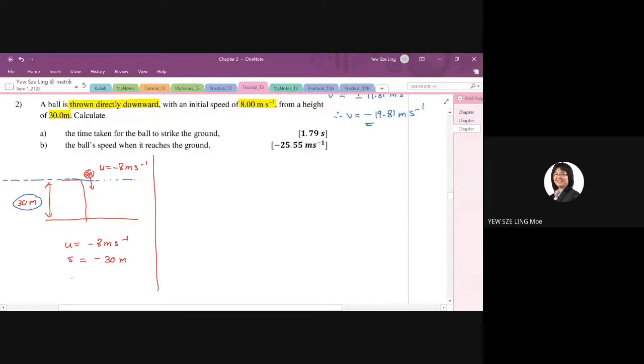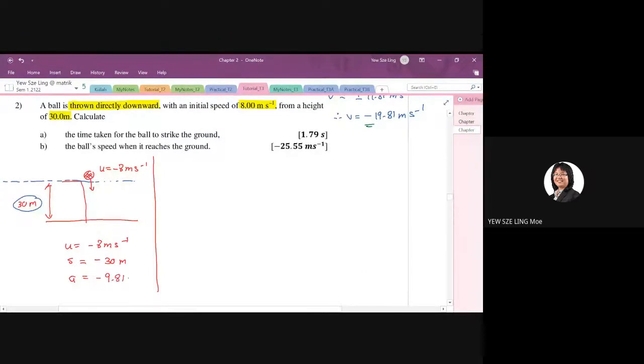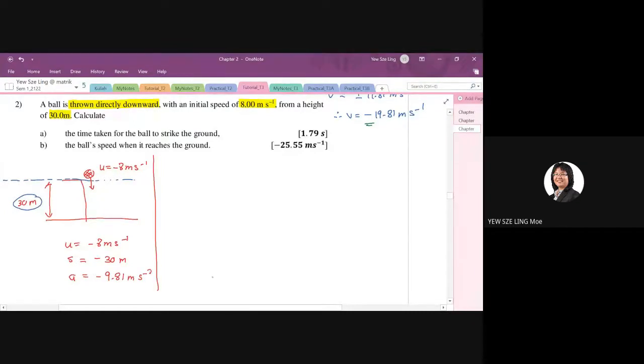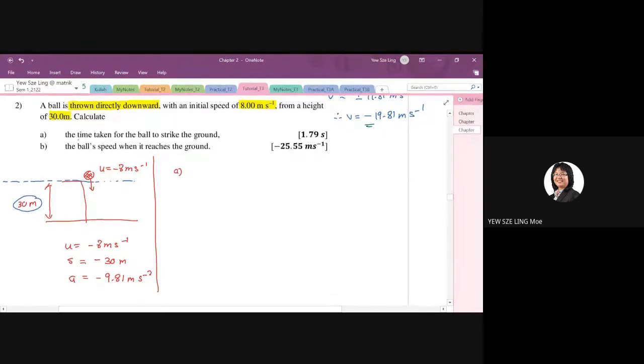So this involves a vertical linear motion. The moment you throw something and it leaves your hand, it undergoes free fall motion. So A is equal to negative 9.81 ms^-2. Question B and question A are asking for time taken. So T is our unknown.